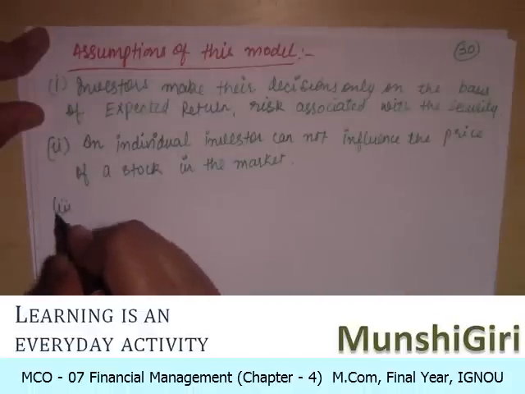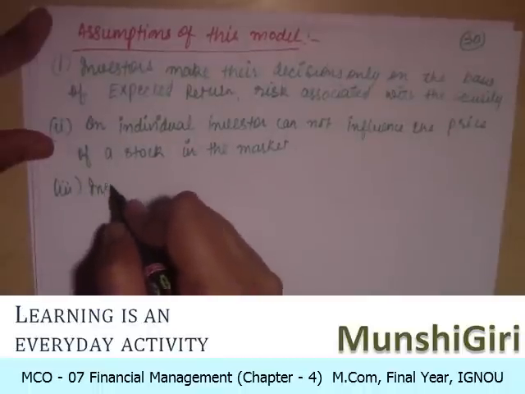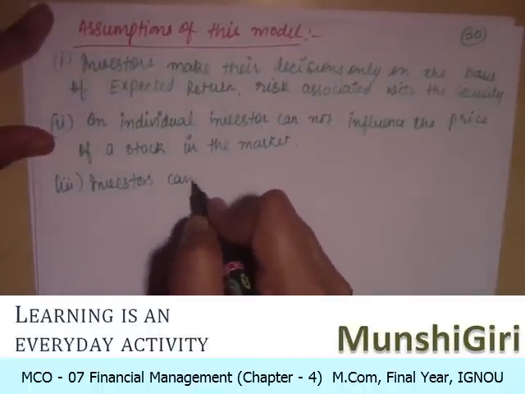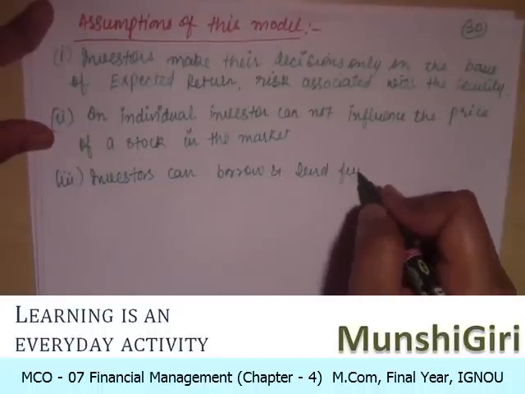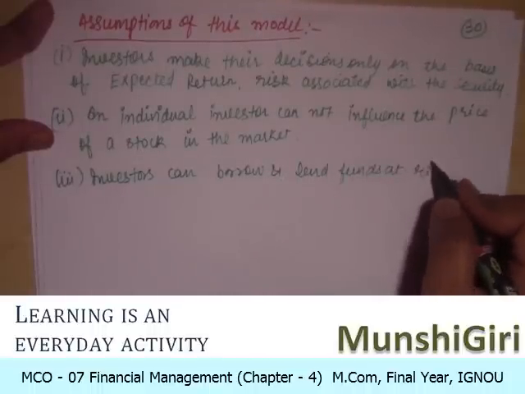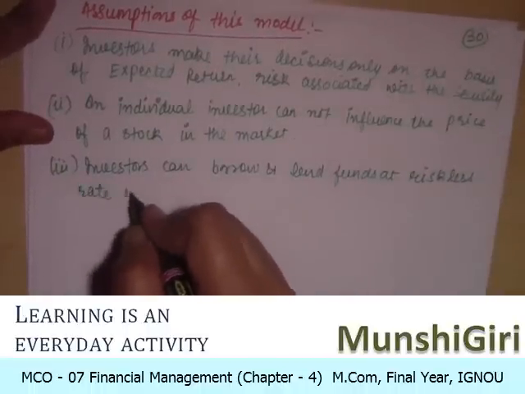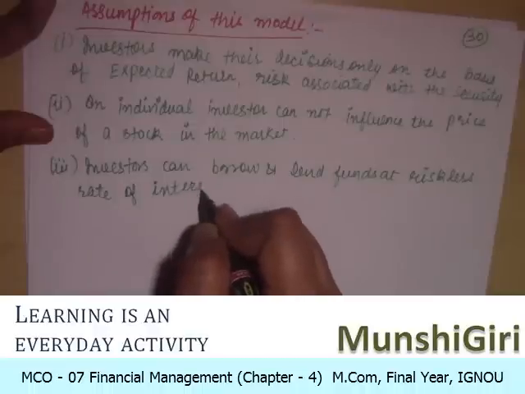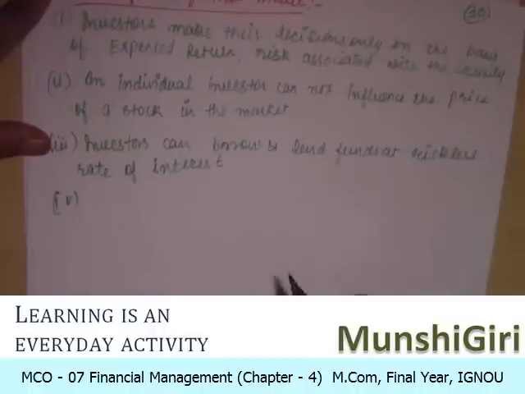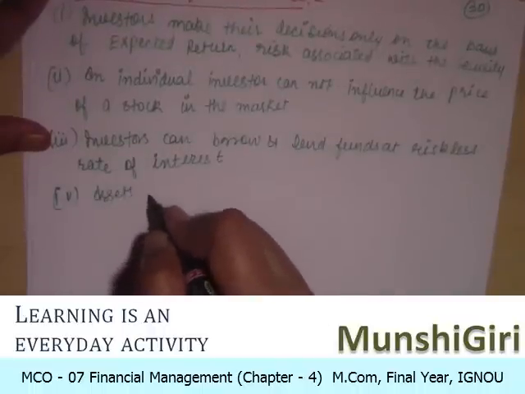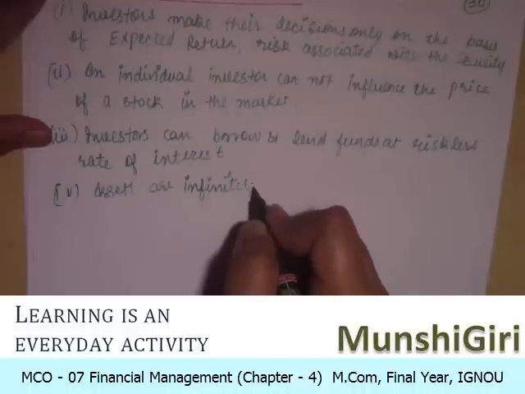Third being, investors can borrow and lend funds at the riskless rate of interest. Fourth is, assets are infinitely divisible.